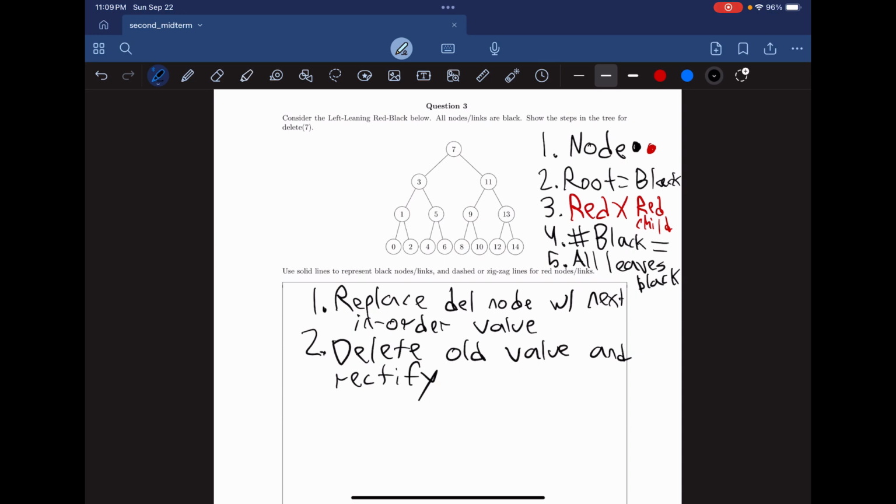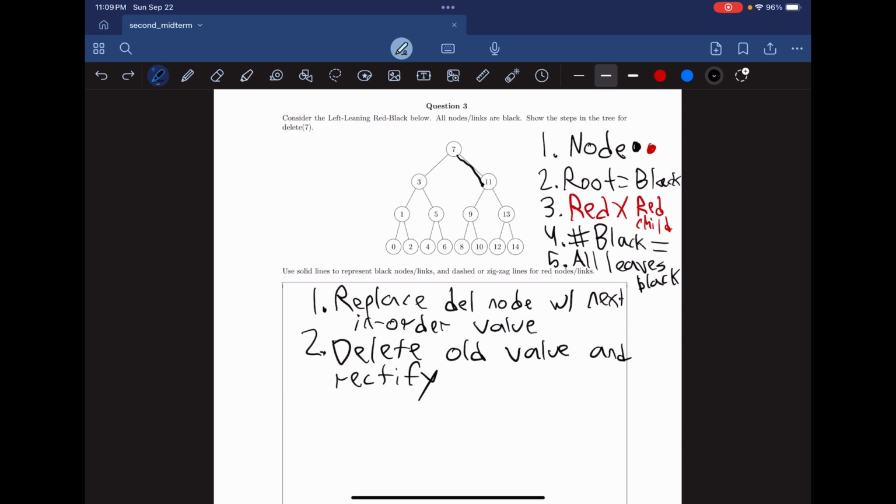So what I mean by that is that we are going to take the 7 and we're going to replace it with the next in order value. In a computer sense, it's going to be the leftmost value in the right subtree. And in a physical sense, it just means it's the node that is closest but more than the 7.